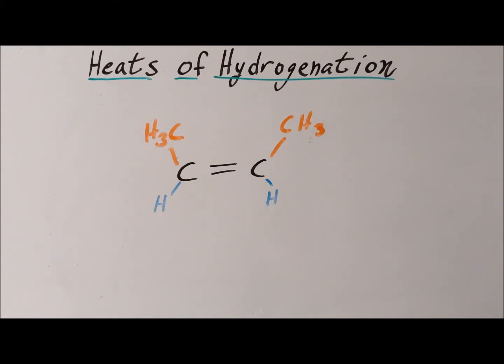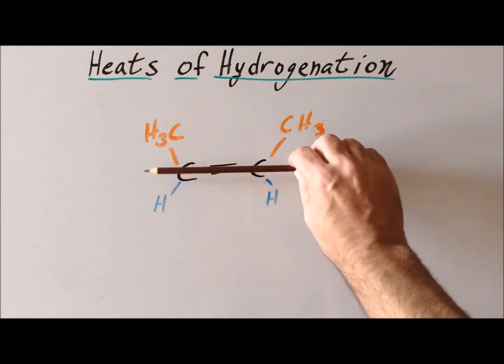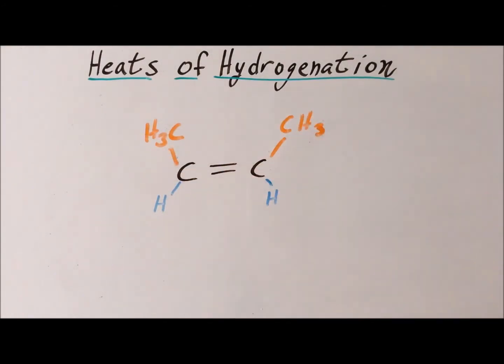Here is 2-butene in the cis conformation. It is cis because the 2 methyl groups are on the same side of the carbon-carbon double bond. We see that in cis 2-butene, attached to the central carbon-carbon double bond, two of the R groups are simply hydrogen atoms, and we have two methyl groups, one here and one there.